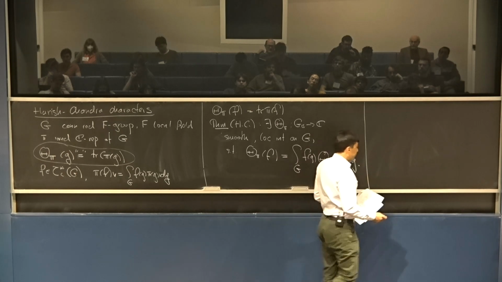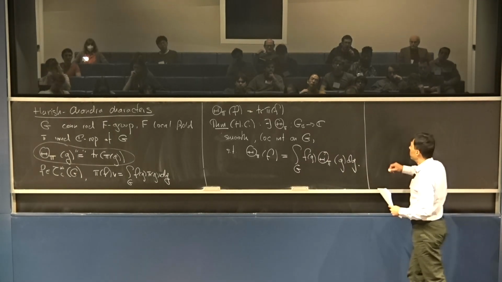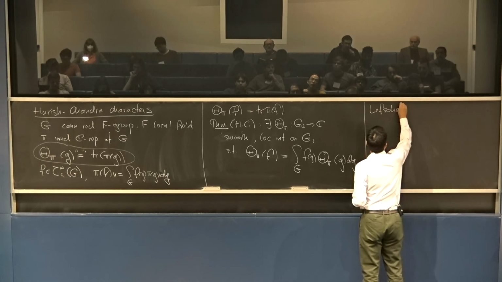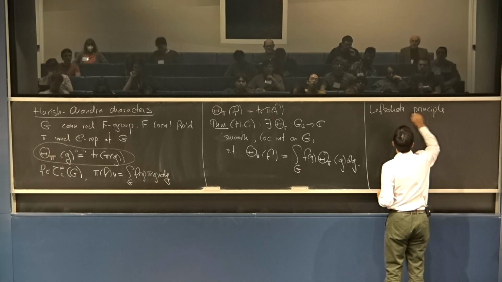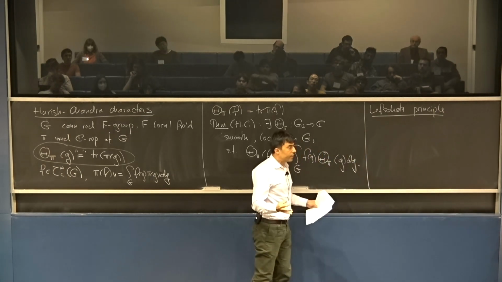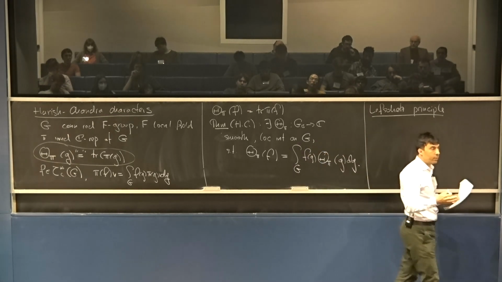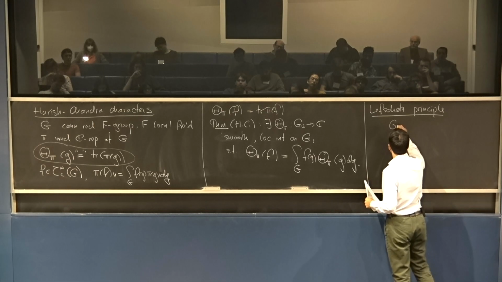And for me, the guiding principle for my work and for this talk is the so-called Lefschetz principle, which was a philosophy expressed by Harish Chandra that real and p-adic reductive groups have to behave similarly with respect to their harmonic analysis and representation theory.